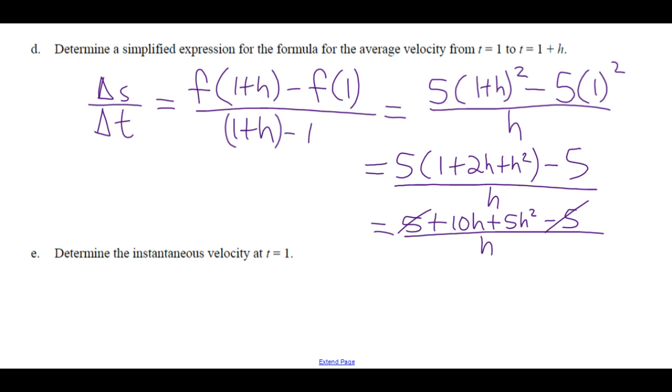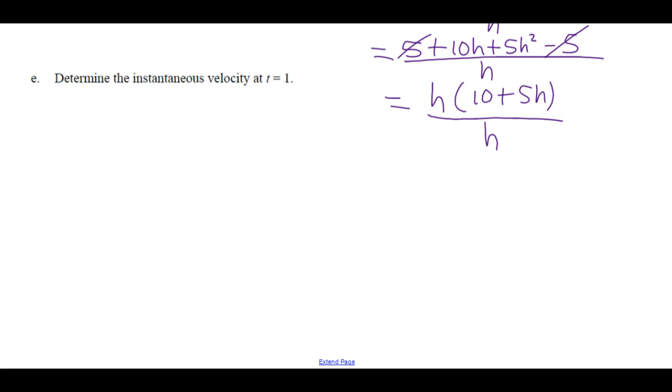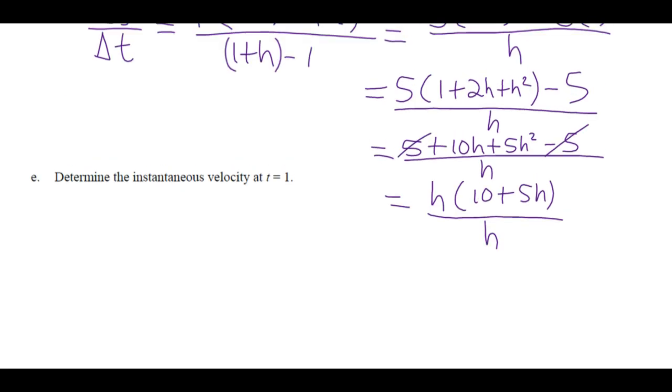Oh, look, they've got an h there, so h bracket. Okay, so the average velocity from time of 1 second to time of 1 plus h seconds can be expressed as 10 plus 5h.